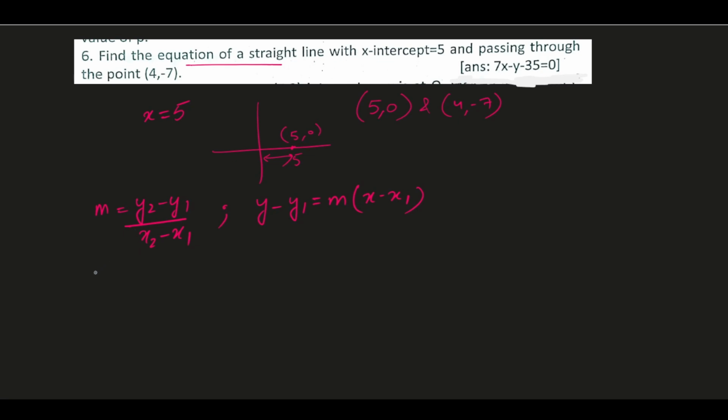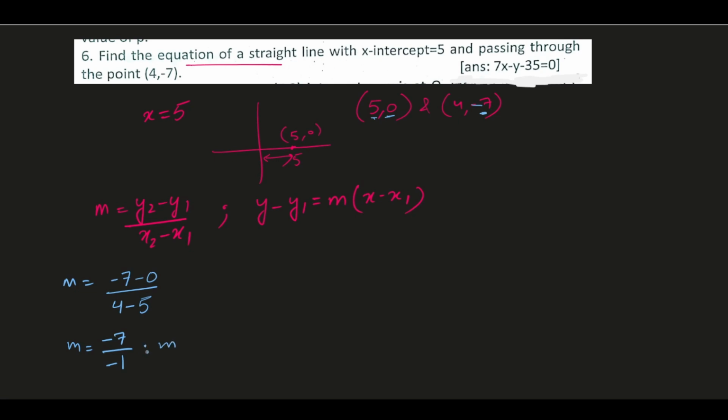चलिए सॉल्व करते हैं. तो सबसे पहले m निकालना होगा. m के लिए y2, तो ये हो गया, ये माइनस है राइट. तो ये हो गया y2 -7 - y1 - 0. देखिए यहाँ y1 0 है और x2 हो गया 4 डिवाइडेड बाई 4 माइनस x1 इज 5. So m is equal to -7 divided by -1.